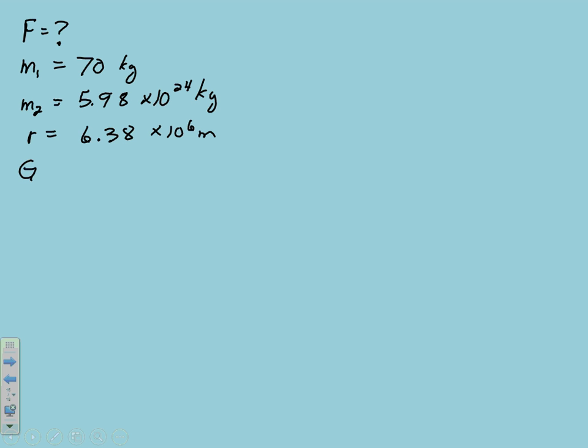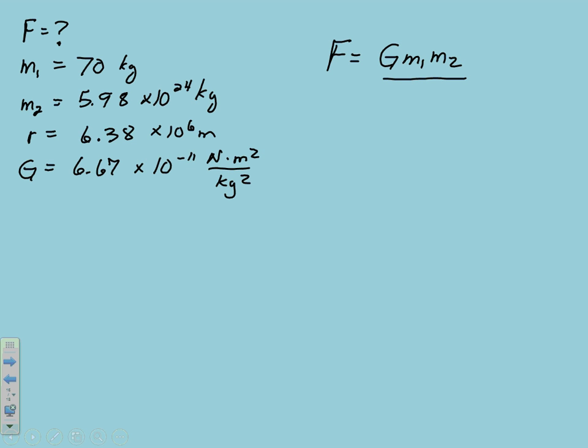And our gravitational constant, 6.67 times 10 to the negative 11th newtons meter squared over kilogram squared. So we're using the basic equation, G times M1 times M2 divided by R squared. Notice how I just switched it to R instead of D.